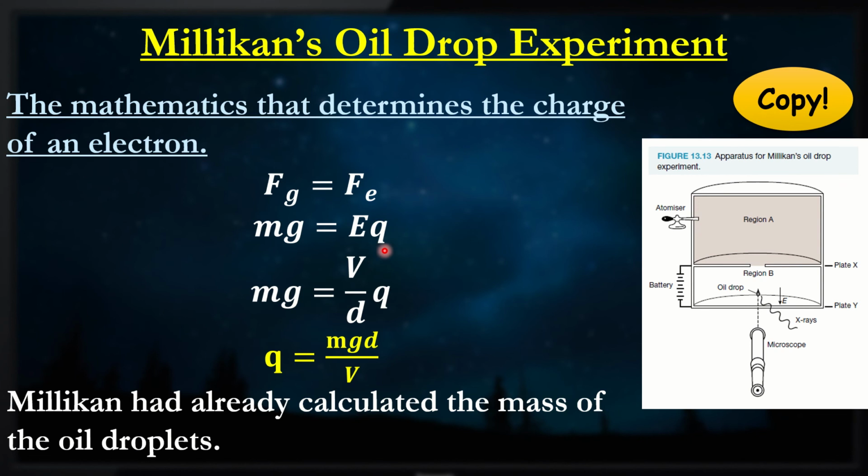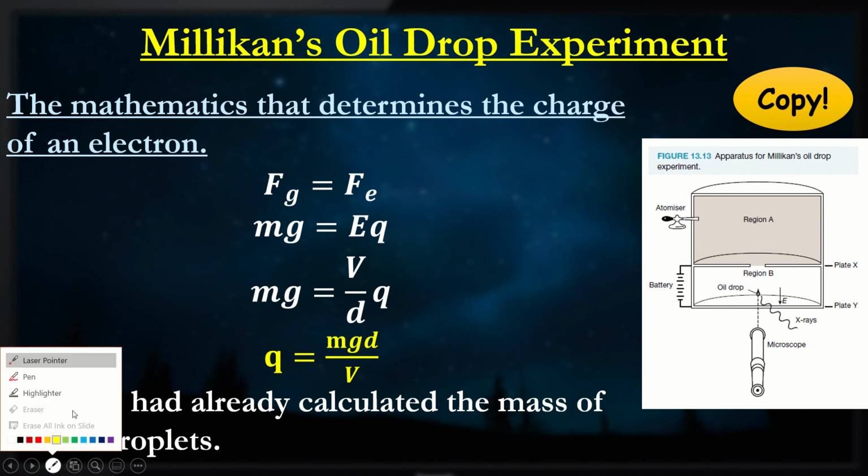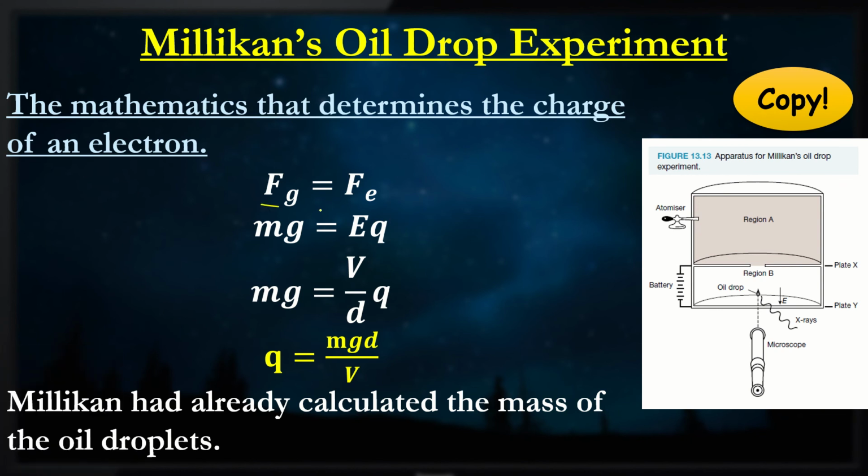Okay, so let's actually look at the mathematics involved here. If we have an oil droplet that's suspended between two charged plates, remember this oil droplet is negatively charged due to the electrons latching onto it.